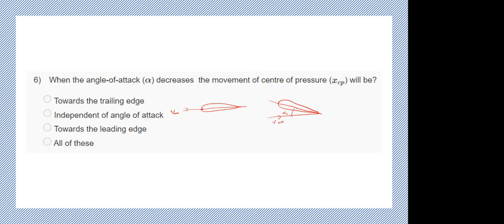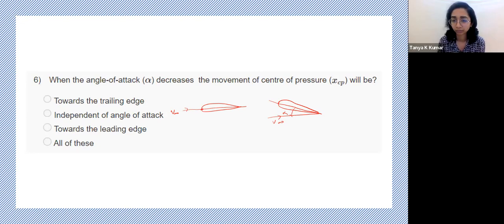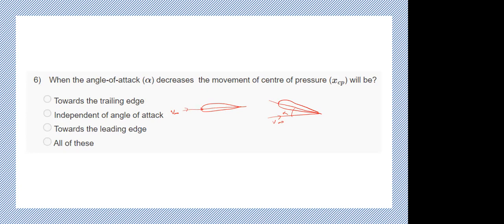And when I increase the angle of attack, what happens? If this is a symmetric airfoil, can you tell me how the pressure distribution above and below will be? Ma'am, above and below will remain the same, because it does not create any thrust or upward movement.